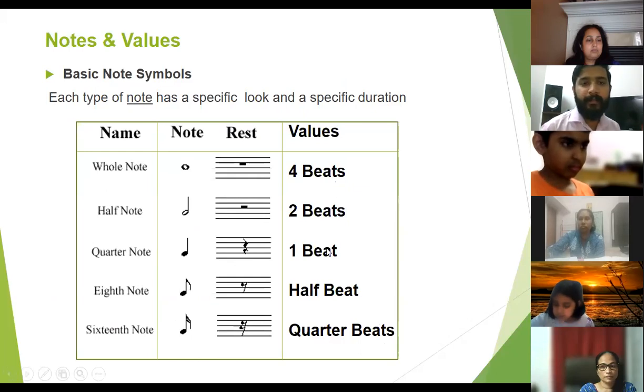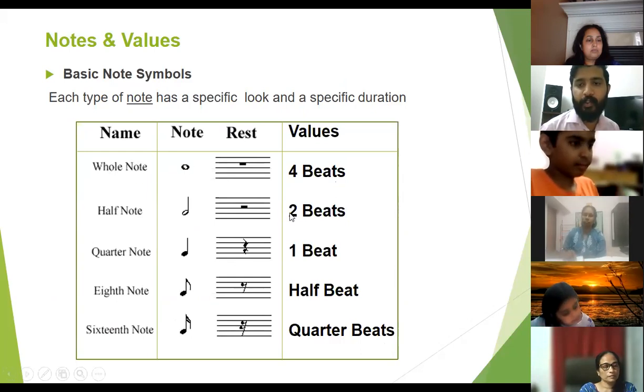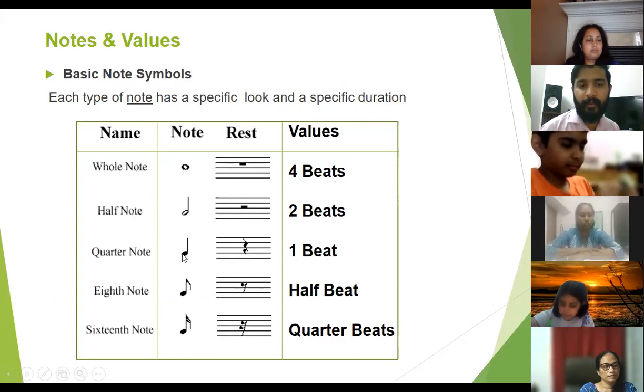And basic music symbols, I'll just quickly take you through. So 4-beat note, which is called a whole note, it's a round symbol. 2-beat note, it's a round symbol with a stem, it's called half note. 1-beat note, the head is blackened and it has a stem, it's called quarter note.